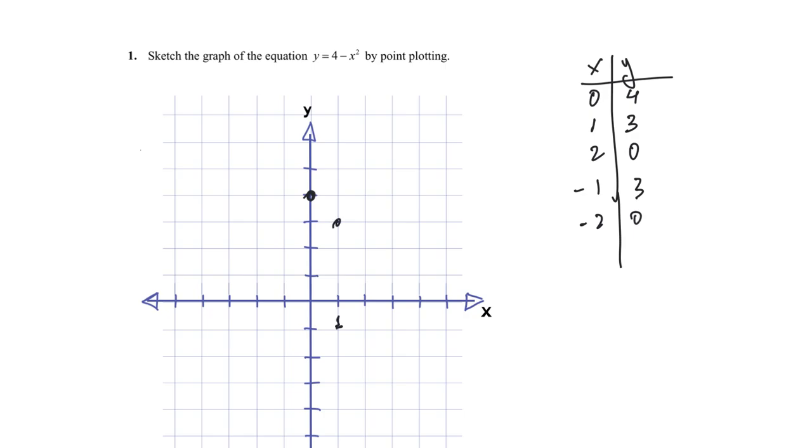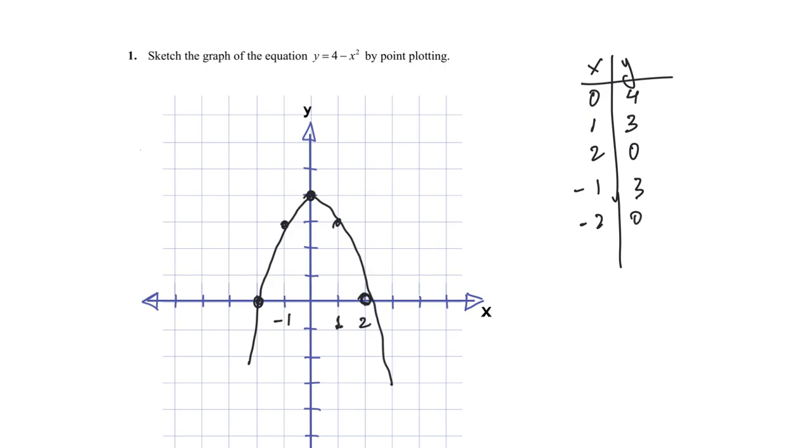What is the point (2, 0)? (2, 0) is the point here. What is the point (minus 1, 3)? Minus 1 is here, and the 3 is here. You see the symmetry now. And (minus 2, 0) is this point. And what is the graph? The graph is an inverted parabola that goes like this.